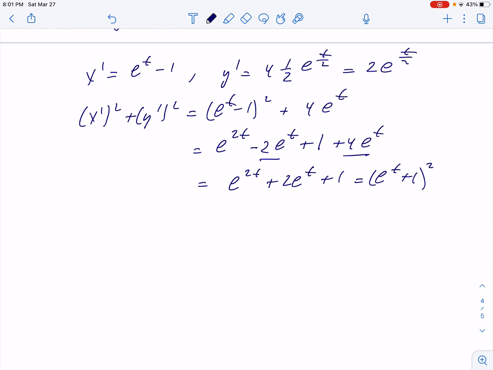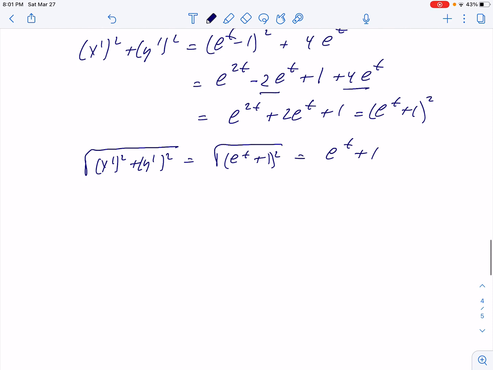Okay, so everything becomes very easy. The square root of x prime squared plus y prime squared is the square root of (e^t plus 1) all squared, so the square root disappears. This is just e^t plus 1. And the arc length will be the integral from 0 to 2 of e^t plus 1 dt.